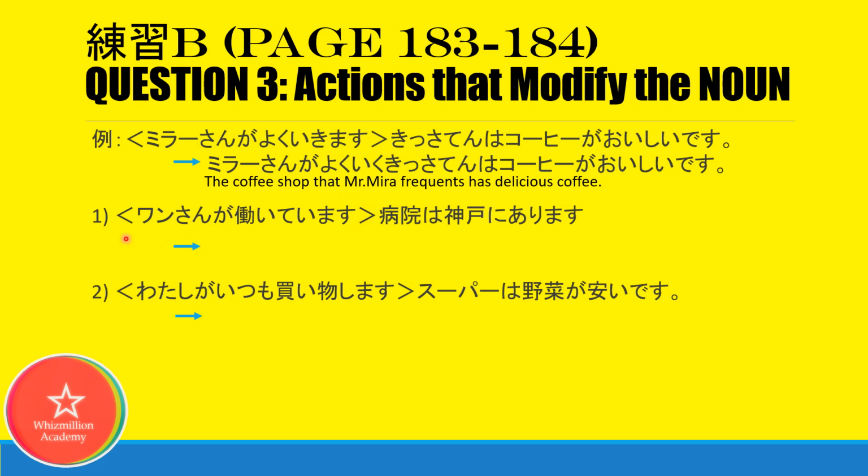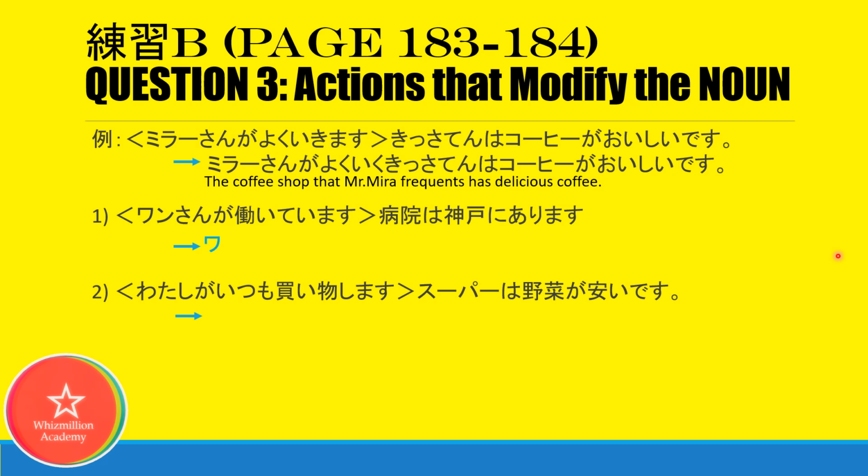Once again, the noun here is 病院. This hospital is located in Kobe. So the noun is already modified once here. We know something about this hospital. This hospital is located in Kobe. Then we are going to modify this noun for the second time by combining these two sentences.